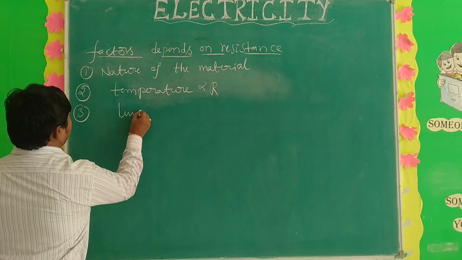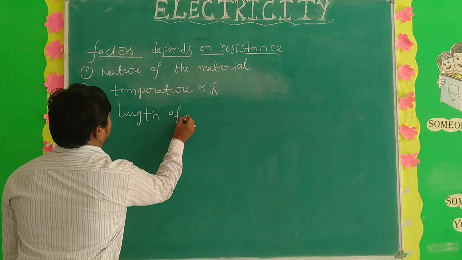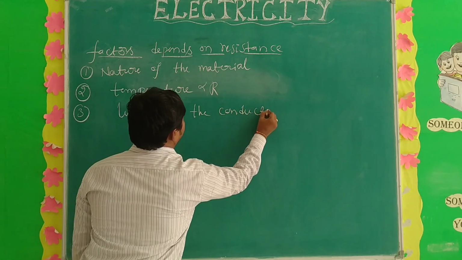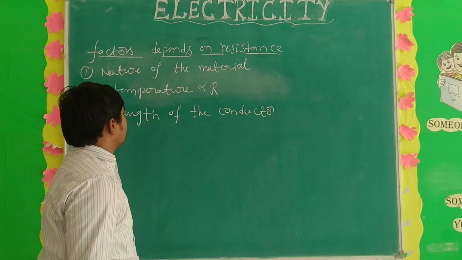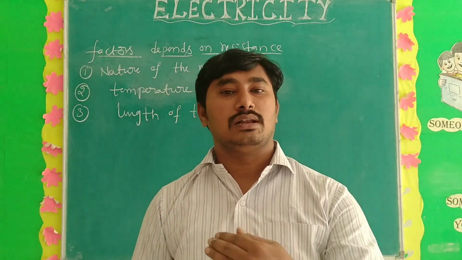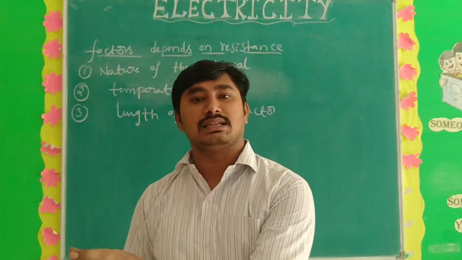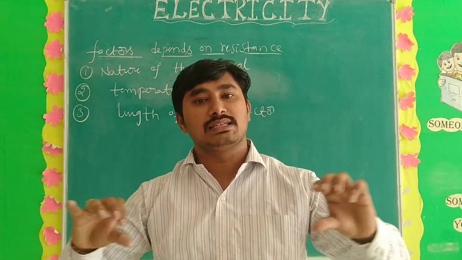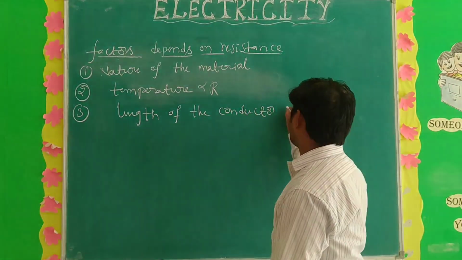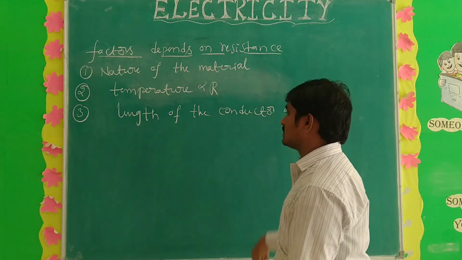The third factor is the length of the conductor. The resistance depends upon the length of the conductor. A small length of material has less resistance, and when you increase the length of the material, automatically the resistance also increases. So the length of the material is directly proportional to resistance.